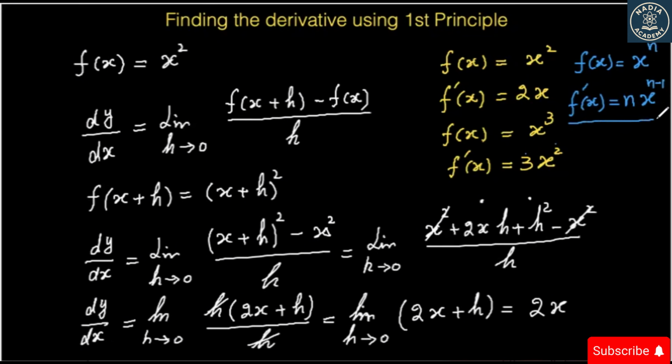So this is a general formula for finding the derivative of any function f of x equal to x power n. And this method is the first principle of finding the derivative of any function.